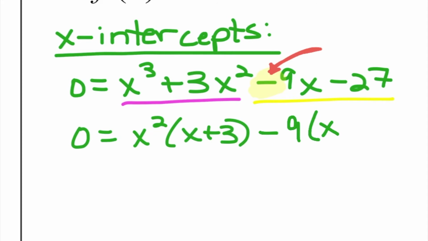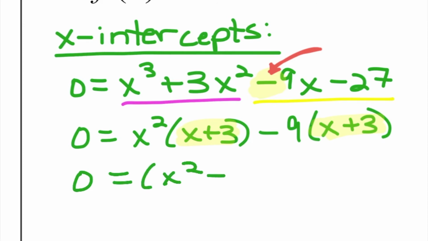Negative 27 divided by negative 9 is plus 3. And the other thing that you want to check is that your x plus 3 is exactly the same inside both sets of parentheses. And so now you have 0 equals x squared minus 9.